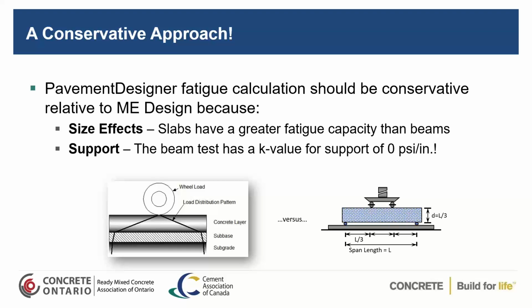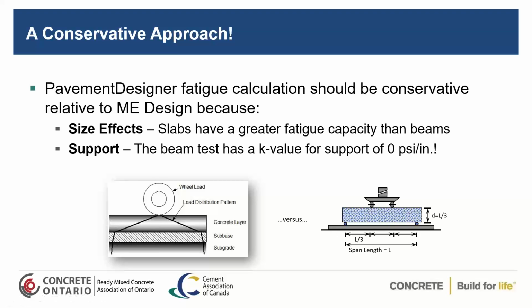Now, one of the key things that you want to look at is that it does take a conservative approach when it comes to doing the calculation based on the fatigue. All concrete pavements are designed based on flexural strength. And because of that, when you do your testing, you're doing your testing with your system here, which has no support on it, and it's a small beam that you're testing.